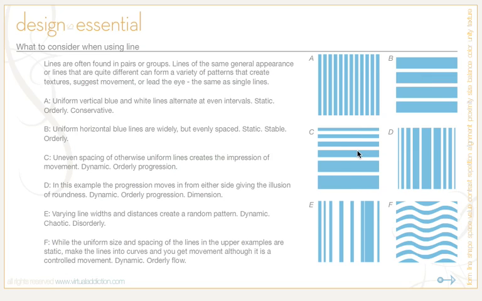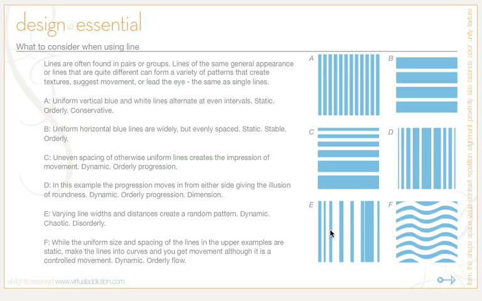When we come down to example C, you can see how uneven spacing of otherwise uniform lines creates the impression of movement. This is a dynamic layout and it creates an orderly progression. In this example right here, the progression moves in from either side, giving the illusion of roundness. This also is dynamic. It shows orderly progression and a little bit of dimension as well.